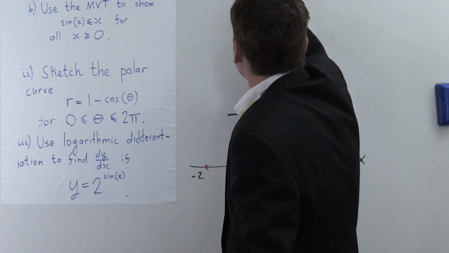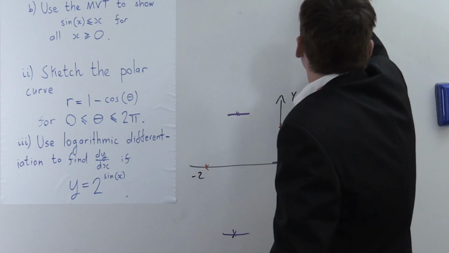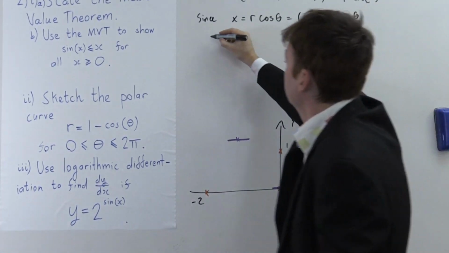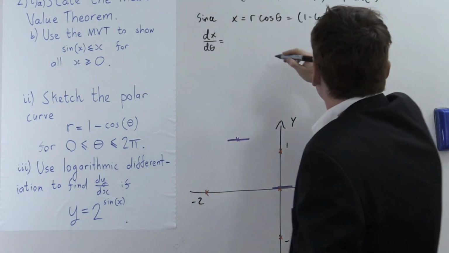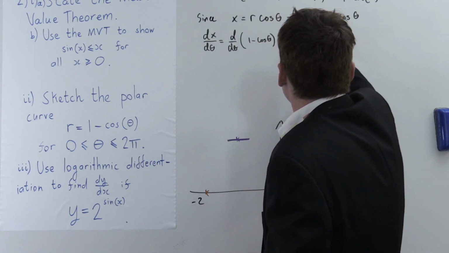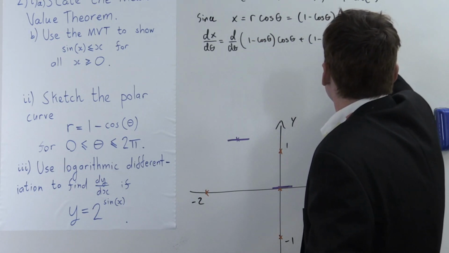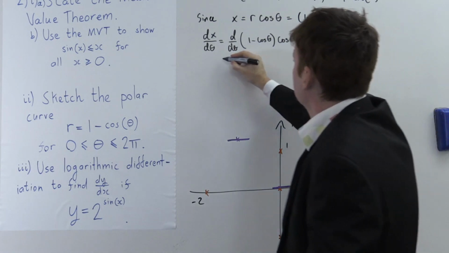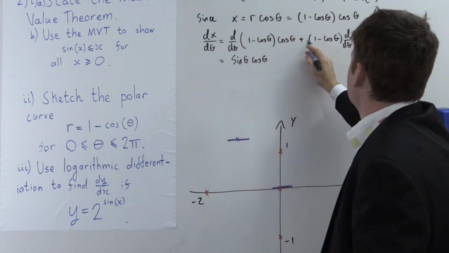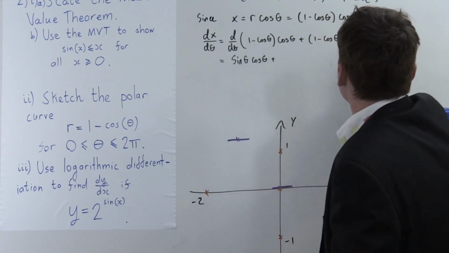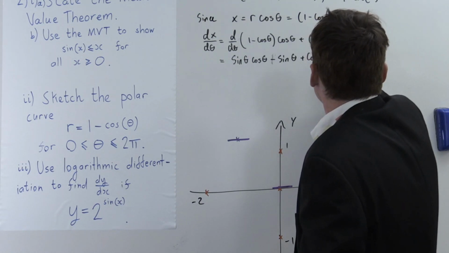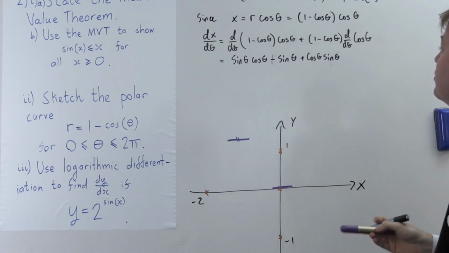Since x is equal to cos theta, then dx d theta is equal to, now I can do this, which is equal to, cos goes to negative sine, so this is sine theta cos theta, and this one is cos theta times negative sine squared, so that's minus sine theta plus cos theta. Is that right?